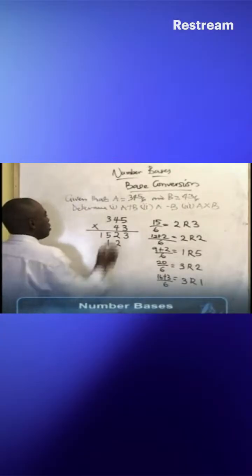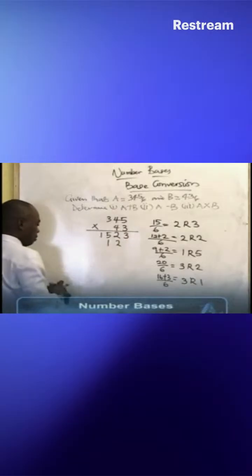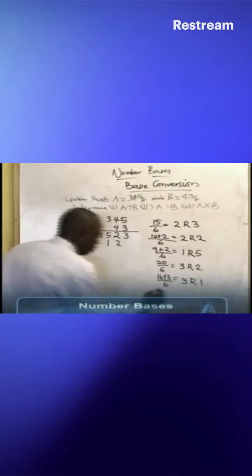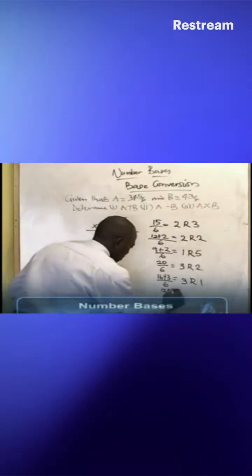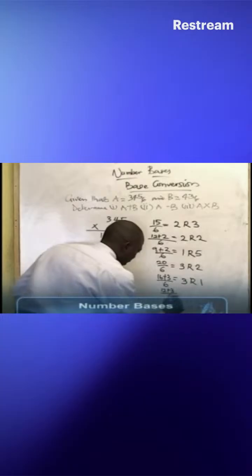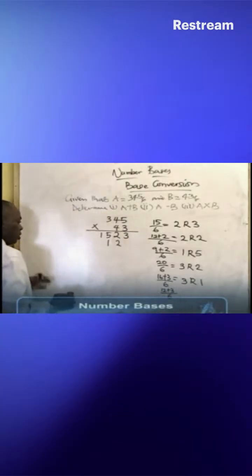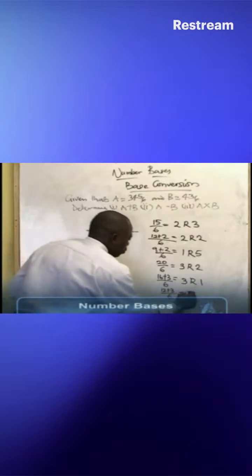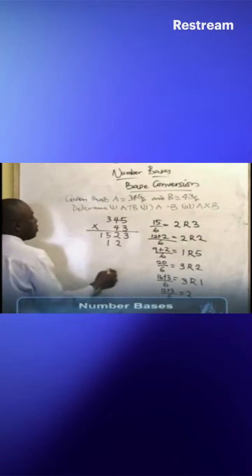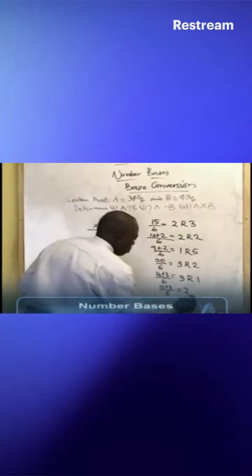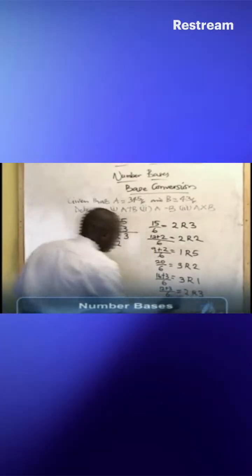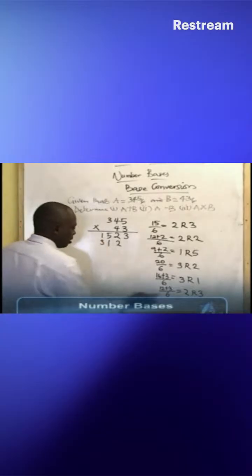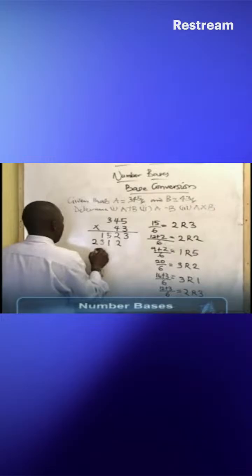And then you will say 4 times 3, which is 12. 12 plus the 3 that you are carrying over will give you 15. Again, divided by 6, always, because you are working in base 6. That will give you 2, because 6 will go in 2 times, and the remainder is 3. So again, you write the remainder first, and then the carryover number.